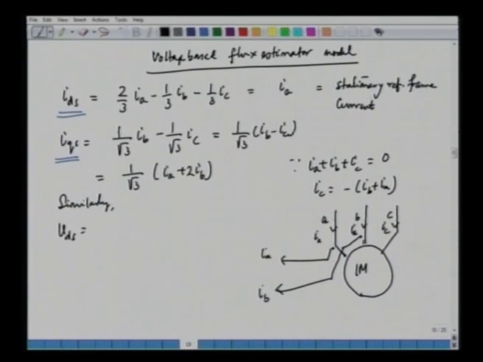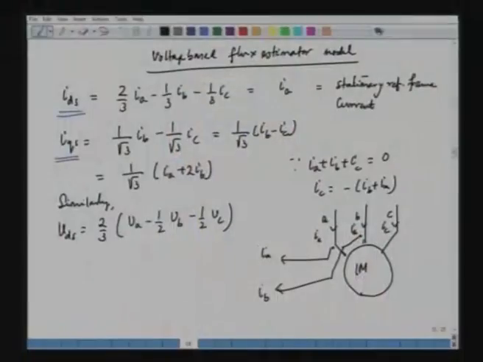VDS is equal to, in the same way, we can say here it is 2 by 3 into VA minus half VB minus half Vc. This is actually based on the stationary reference frame transformation, which we have already done a few lectures back. So, we know that in case of a stationary reference frame, theta e is equal to 0.